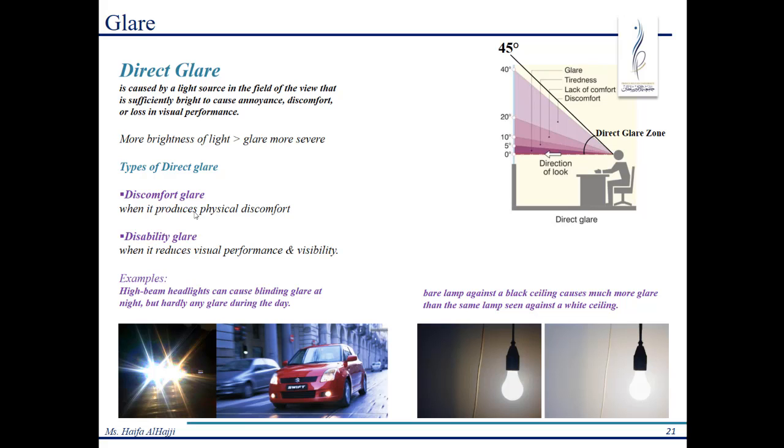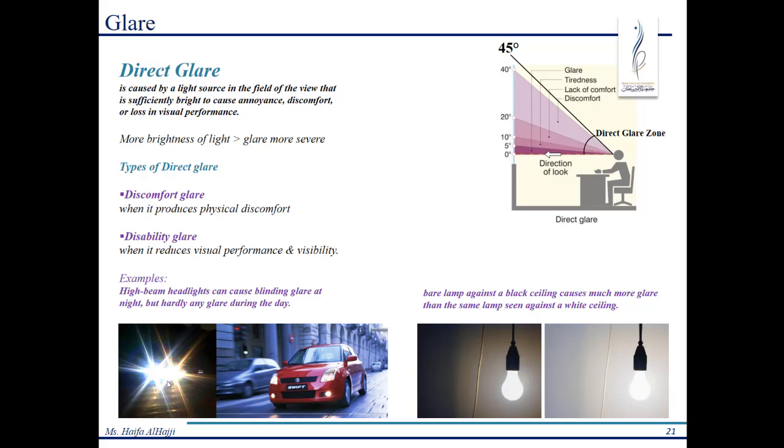as we can see. Now there is something we need to take into consideration: when do we have this glare? We have glare when your source is very bright in relation to its surrounding. In this condition, you will experience glare. For example, in here, this is the same light from this car and this car, but the difference is in this car, it is very bright in comparison to its surroundings.